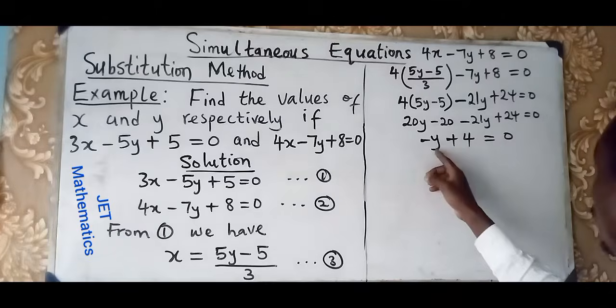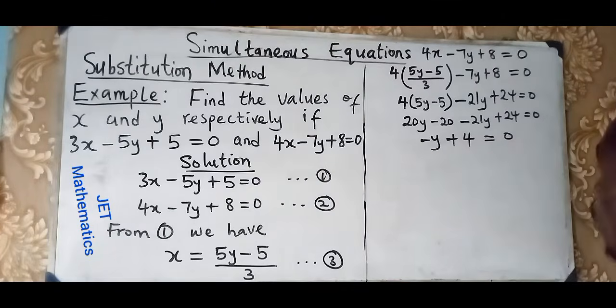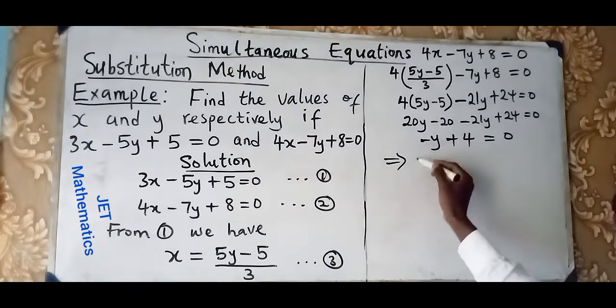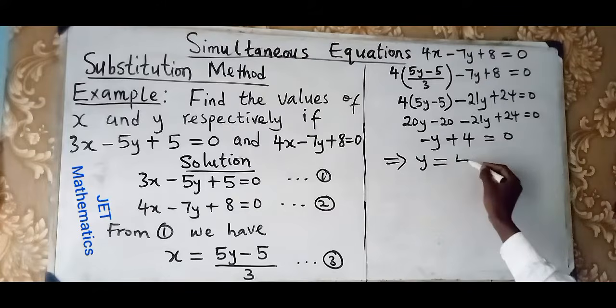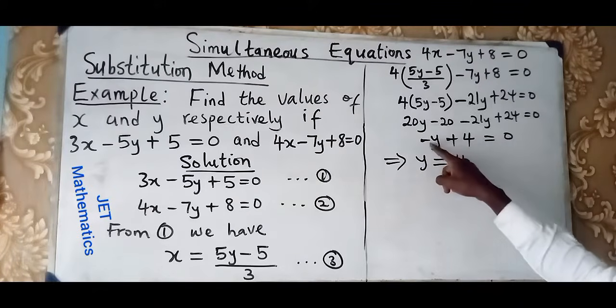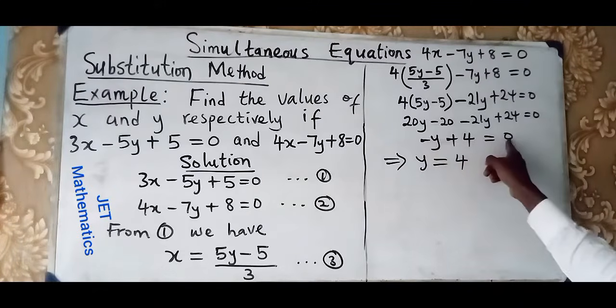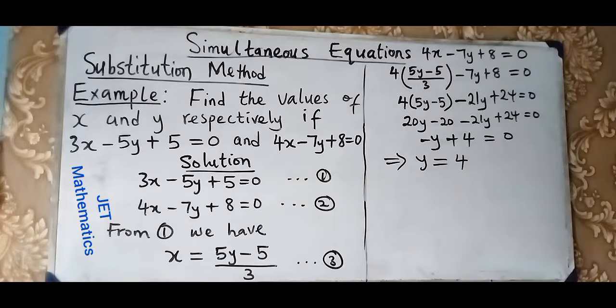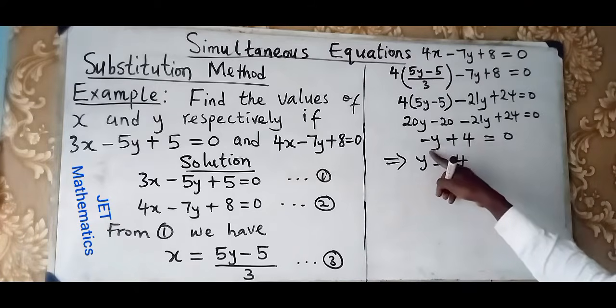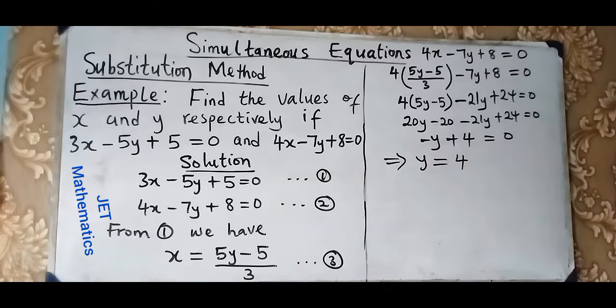So by implication, if we take y to this side, minus y crossing this way becomes positive y. So positive y is equal to 4. So y is equal to 4.